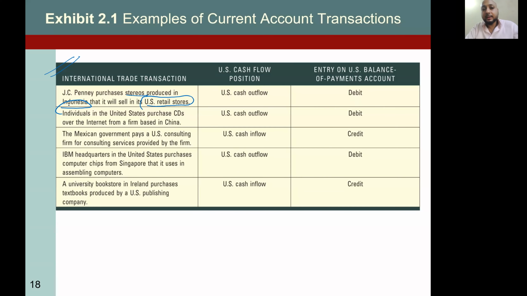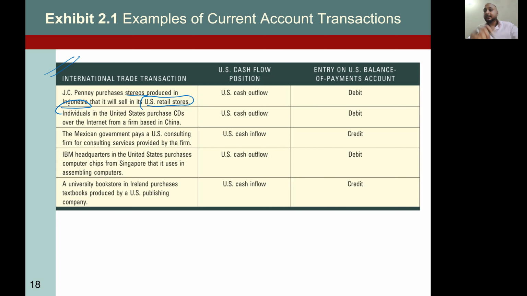JC Penney is basically the US company that purchases from a company in Indonesia that produces the stereo system, and they are sending it to you. You import it and you sell it in the US market.